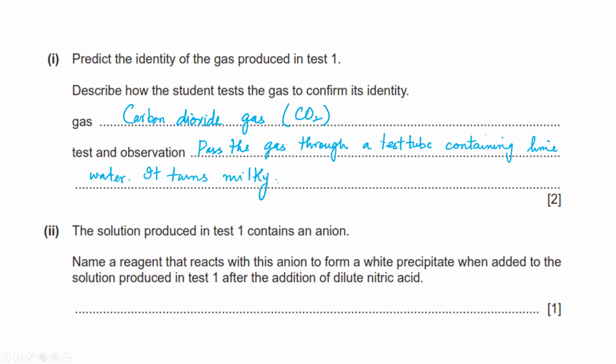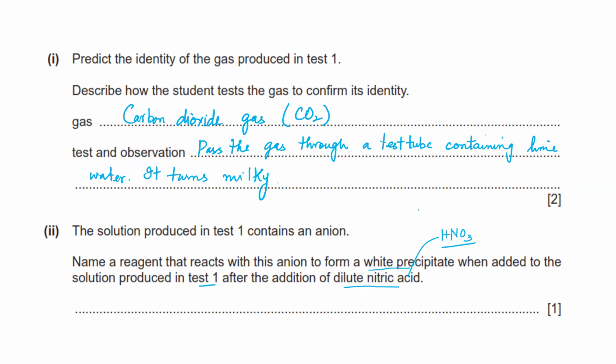Okay. Then it says the solution produced in test 1 contains an anion. Name the reagent that reacts with an anion to form a precipitate when added to the solution produced in test 1 after the addition of dilute nitric acid. So dilute nitric acid is HNO3.